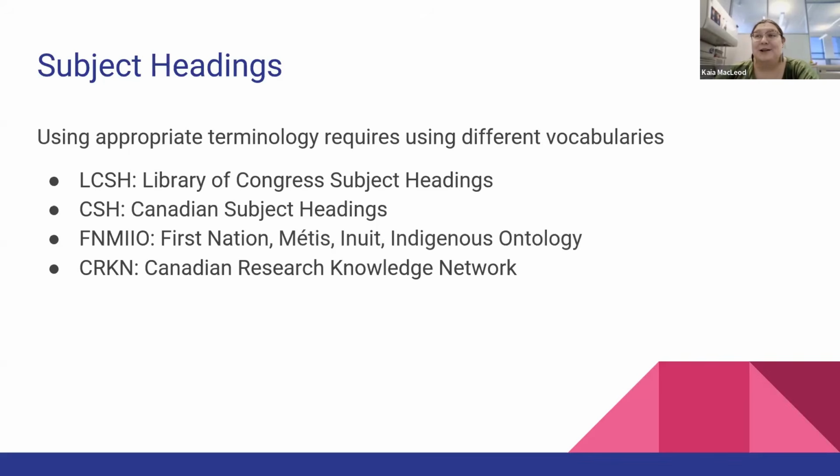Then we have FNMI, the First Nation Métis Inuit Indigenous Ontology, sometimes referred to as the Ontology. This focuses exclusively on Canadian Indigenous groups and lists things like community name, cultural affiliation, band number, reserve number, as well as vetting information. So who vetted it, what source did they use, what day was it? And this is really important because language is always changing and evolving, and things do change.